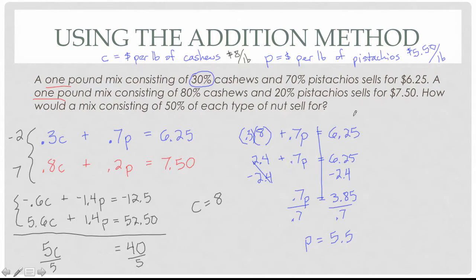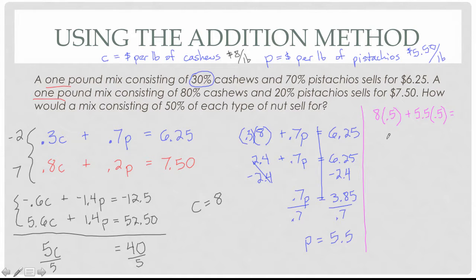All right, so I got to go all the way back and use P and C that I found and say, okay, $8 per pound for half a pound of cashews plus $5.50 per pound for half a pound of pistachios. What is that going to add up to equal?